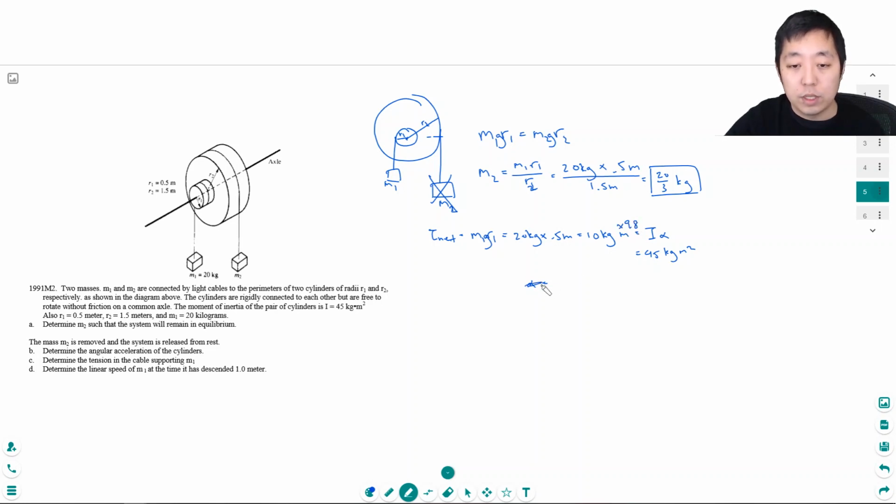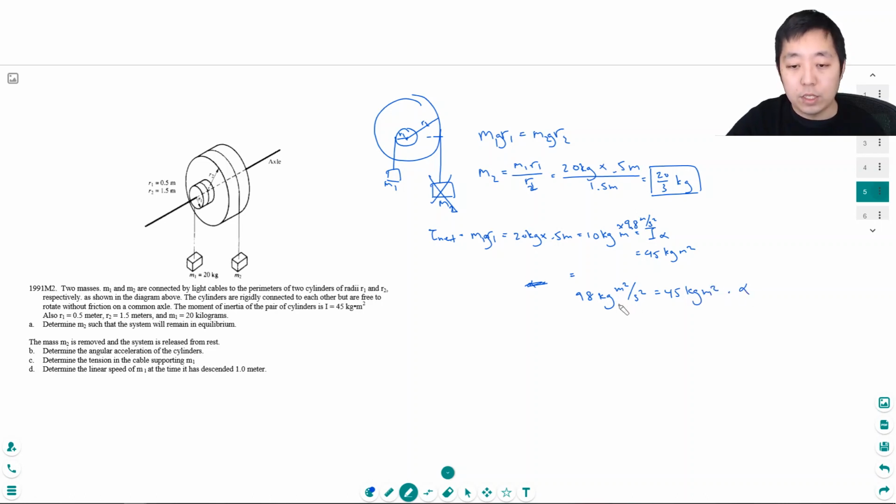I was doing a unit check, which is always a good thing to do. So this would have been 98 kilogram meters squared per second squared, equal to 45 kilogram meters squared times alpha.